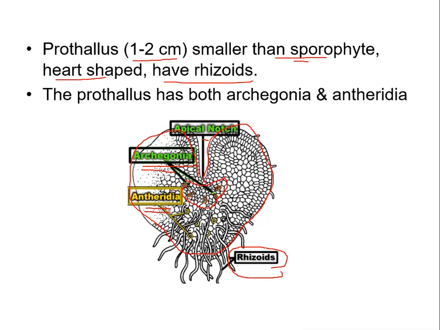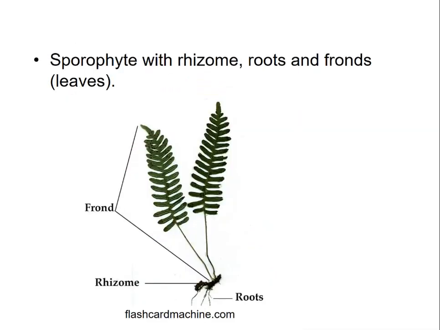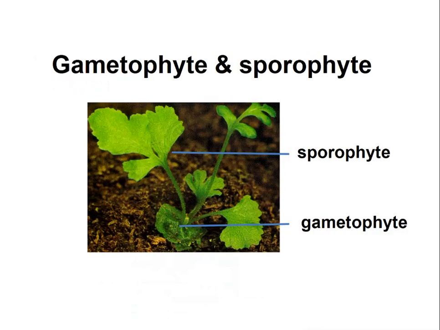Both archegonia and antheridia are located on the same prothallus. The sporophyte has rhizome, roots, and also fronds, which are leaf-like structures. You can see this is the sporophyte and this is the gametophyte.